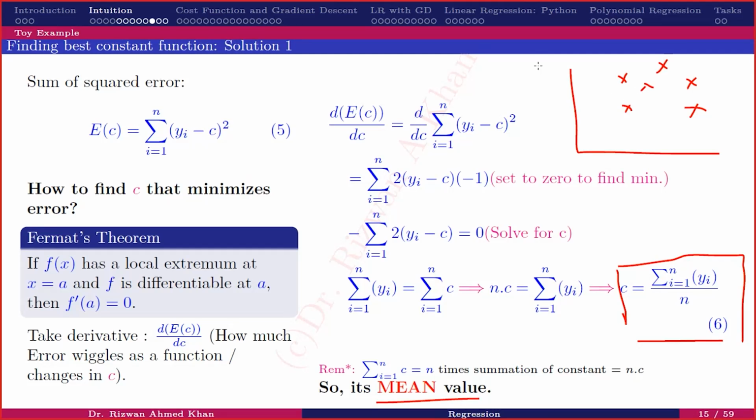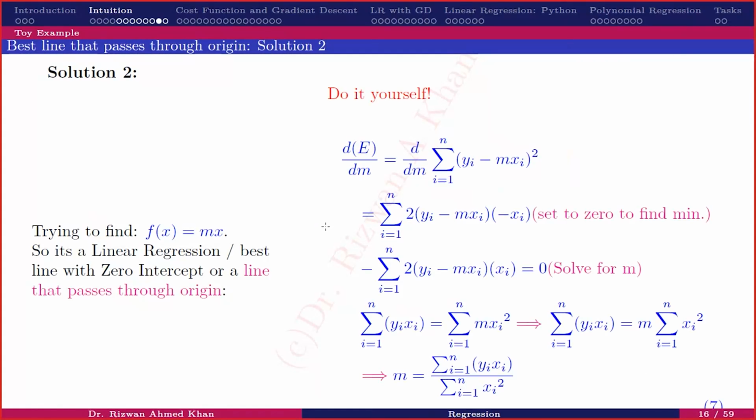So let's say this is 30Ks, or 30,000, like in the given example, and 0, and probably the mean value is around here, 25. So according to this solution, this would be the mean line. Regardless of the input, the output remains the average value of all the data points. And in the same way, we can find the value for m, because we have two parameters, m and c.